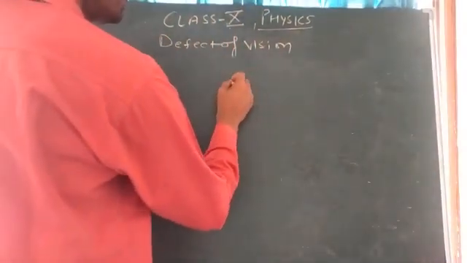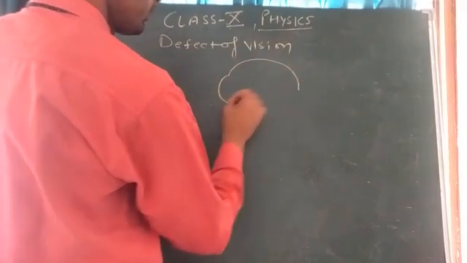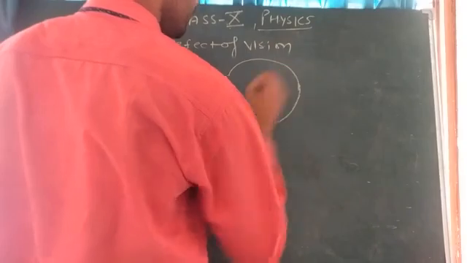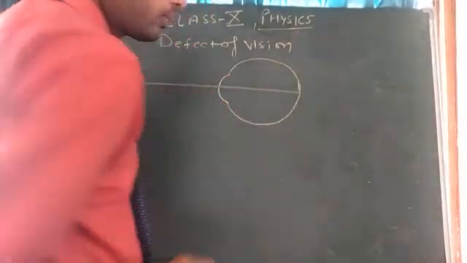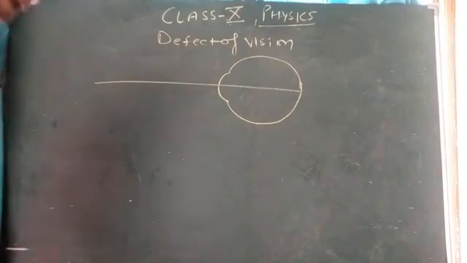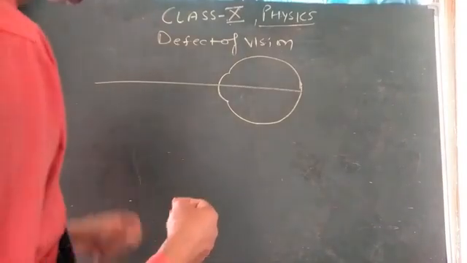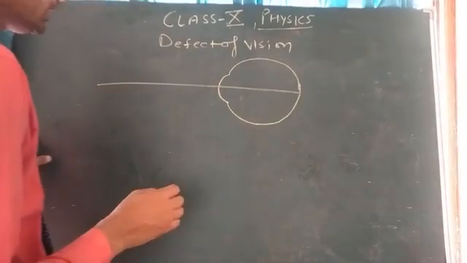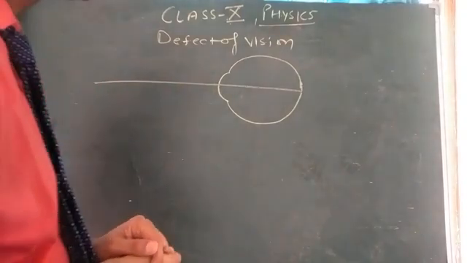It means, if this is our eye, as you know, for a normal eye the near point is 25 centimeters, but in hypermetropia defect the near point is shifted from 25 centimeters.